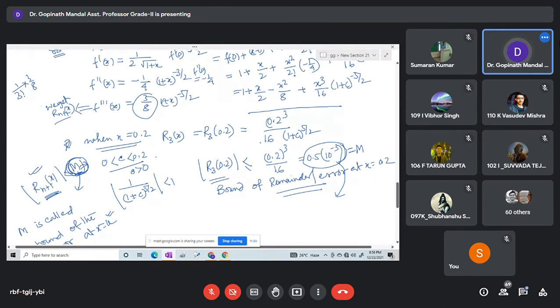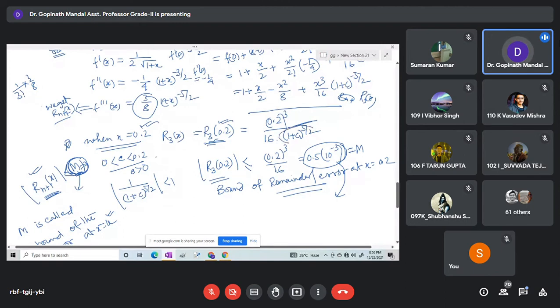Now for this reason, if we take x equal to 0.2, in that case R3 at the point 0.2 is equal to what? This is our Rn plus 1, R3 of x. Put x equal to 0.2, so 0.2 cube by 16 by (1 plus c) to the power 5 by 2.